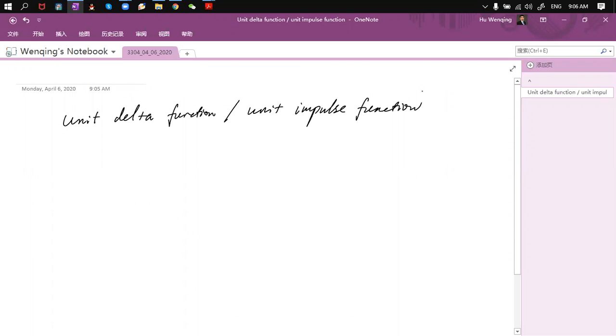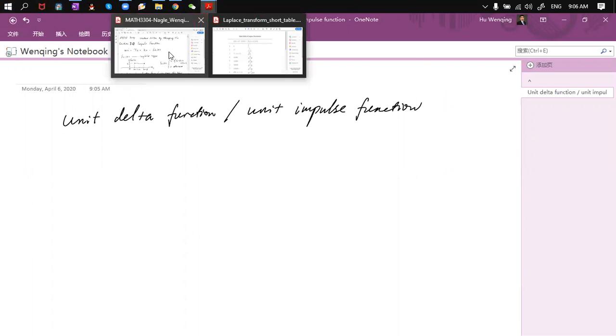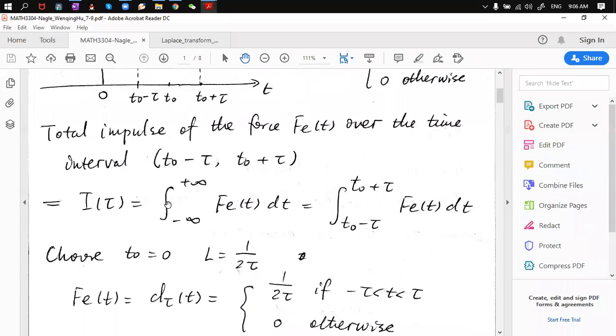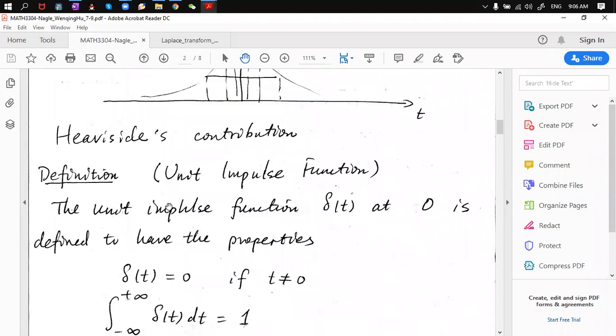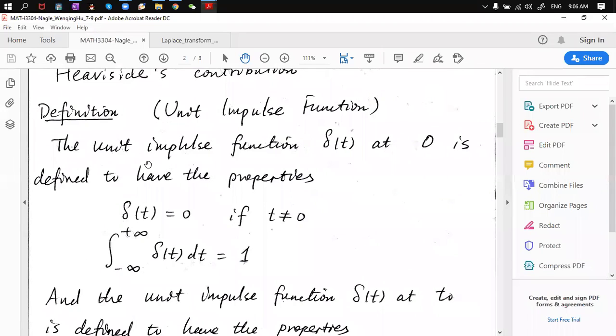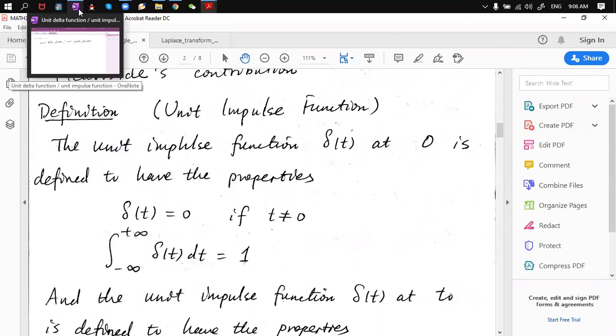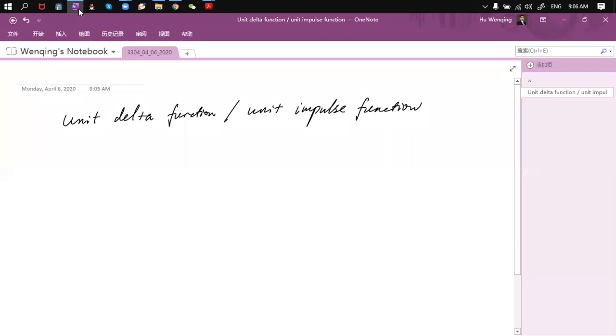According to our definition, it is defined to be 0 except at point 0, where it is infinity. Any questions? So the unit delta function is: delta of t is equal to 0 if t is not equal to 0, and it is infinity if t is equal to 0.